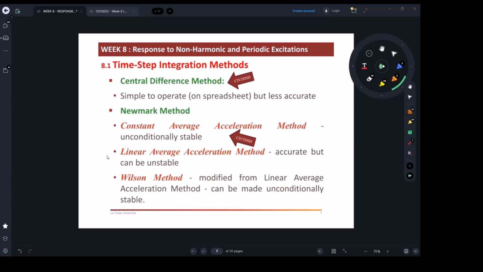We're going to be using the time stepping integration method, where we have discrete points, and there are several methods available. Some of them are listed here, and the ones that we're going to be applying and practicing are the central difference method and the constant average acceleration method, which is one of the Newmark methods, right?